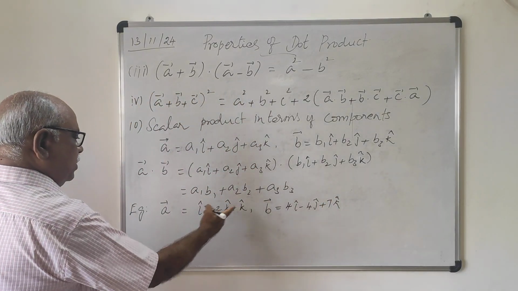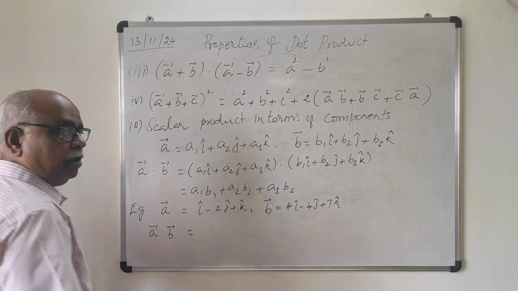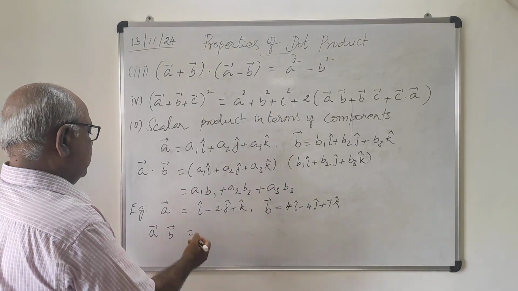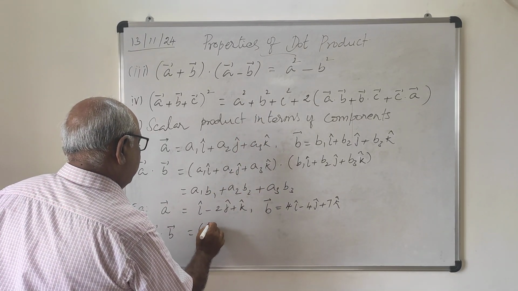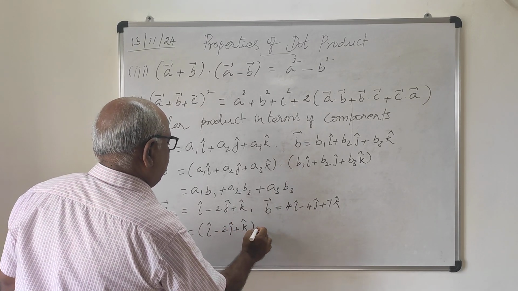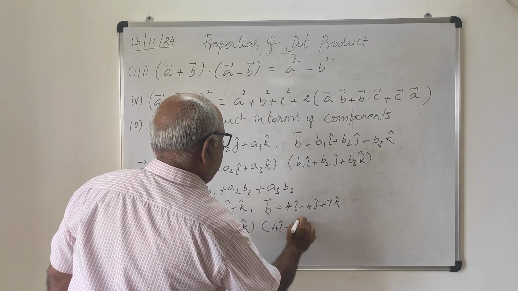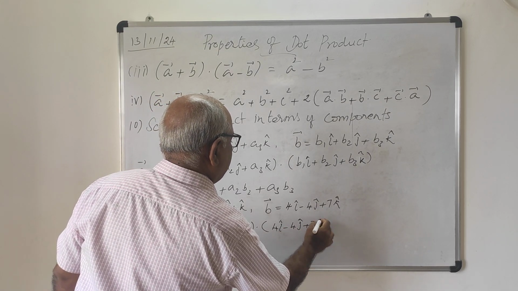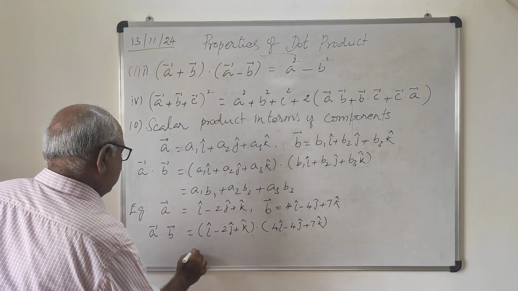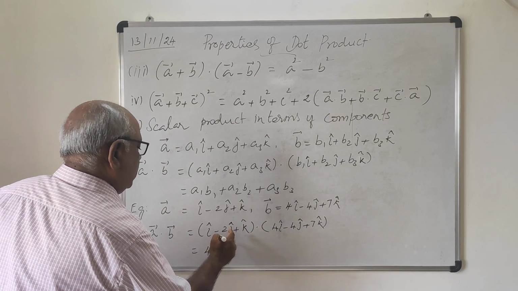Now the dot product of these two vectors, A dot B. As in the previous case, A vector is i cap minus 2j plus k, dot B vector 4i minus 4j plus 7k.